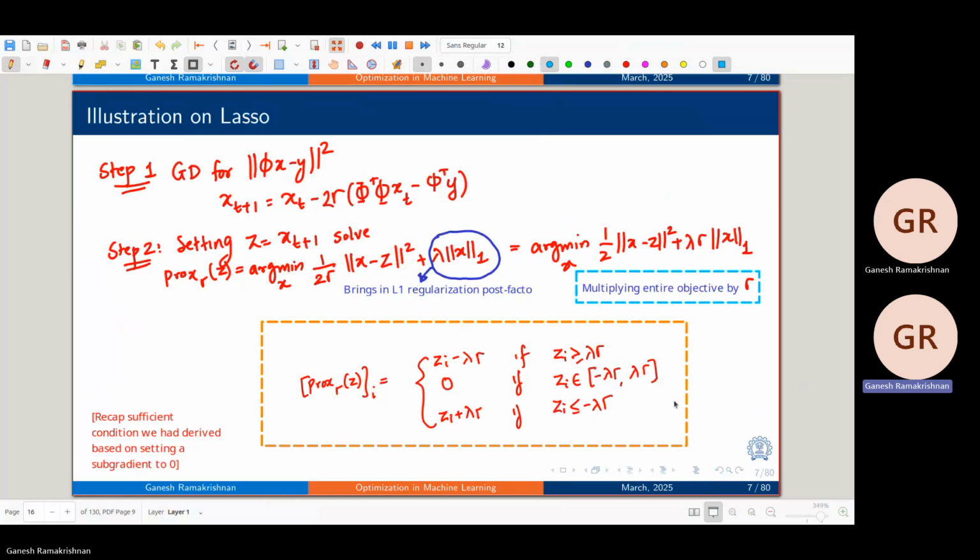So step size gamma prox of z. Z is basically a supposed xt plus 1. You can also call it prox of xt plus 1. The best is to call it prox of x tilde, an intermediate x based on f, and then I get my final xt plus 1 ith component. Is it clear? This is also the ith component.